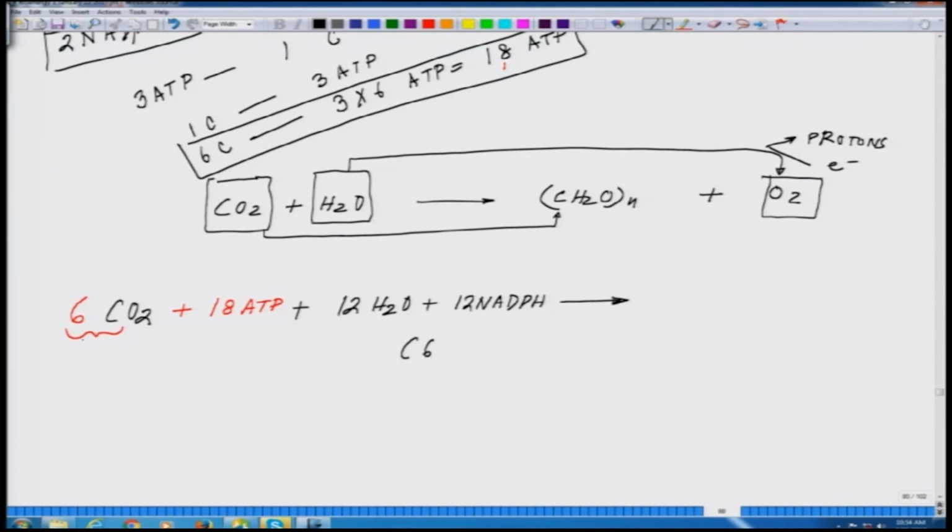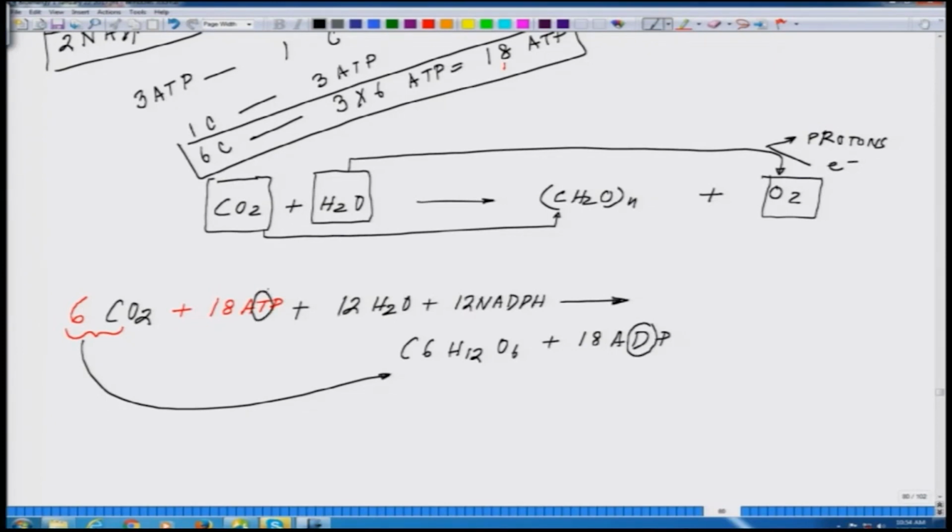C6 H12 O6, 6 carbon sugar, plus it has donated 18 phosphorus moieties. So, we are left with 18 ADP, diphosphate.